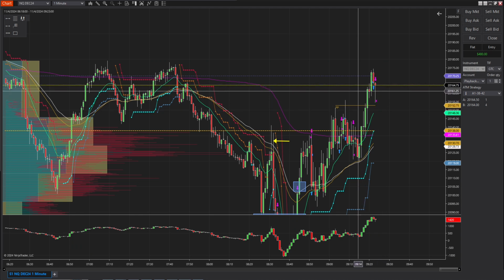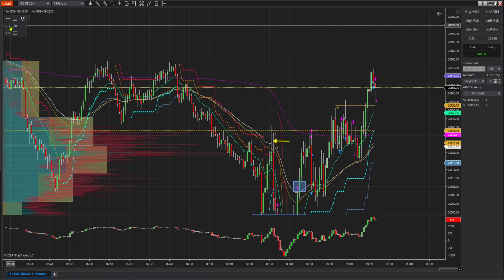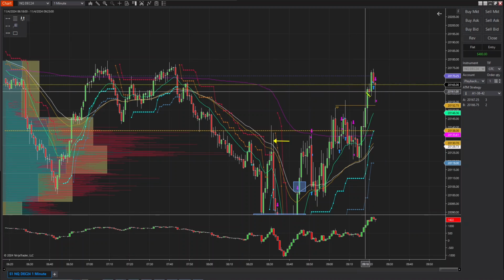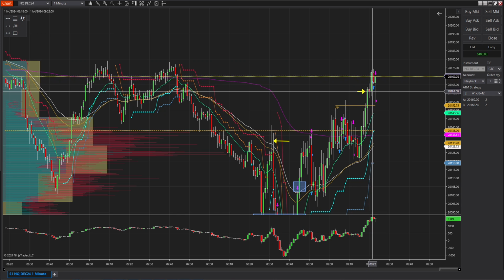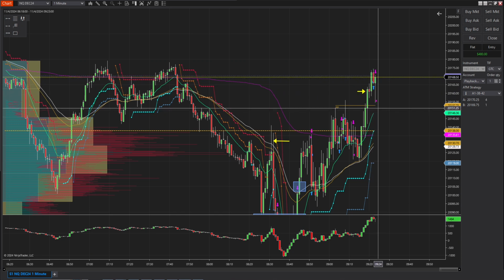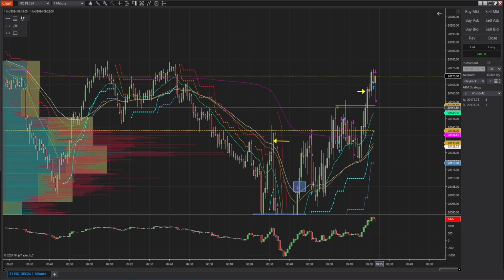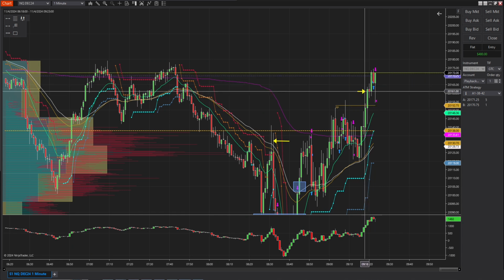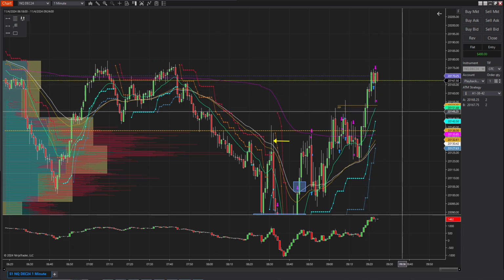Keep the original stop, the entry point right there, and that way I could keep the stop here. Or the other option is to move the stop up. Move the stop to break even as soon as it is in profit by at least 5 points.